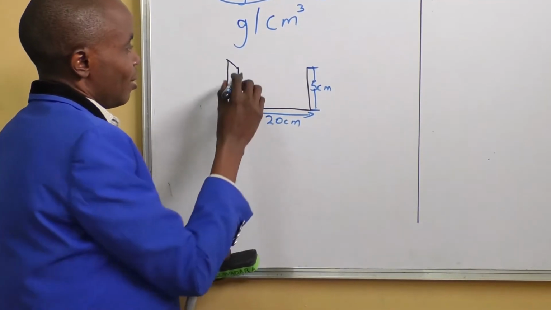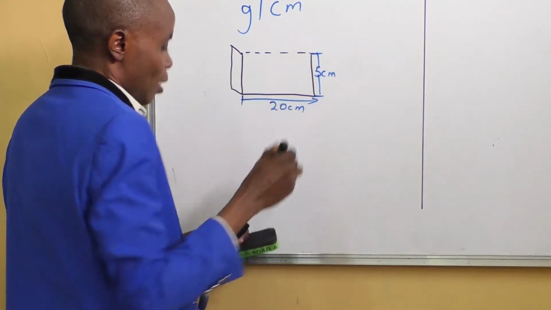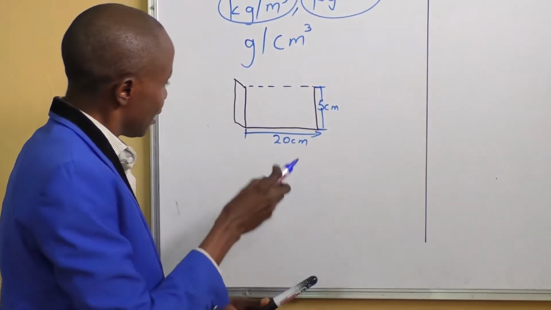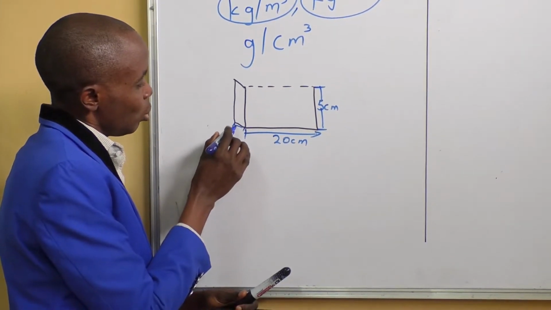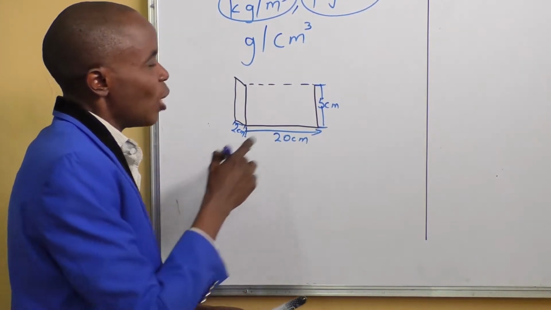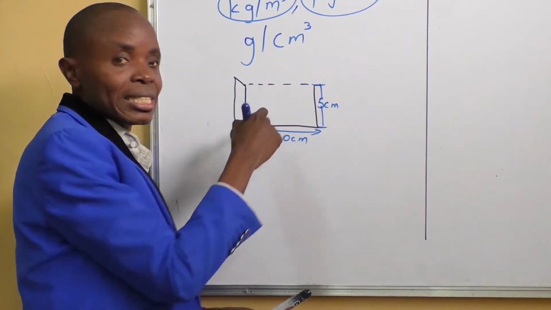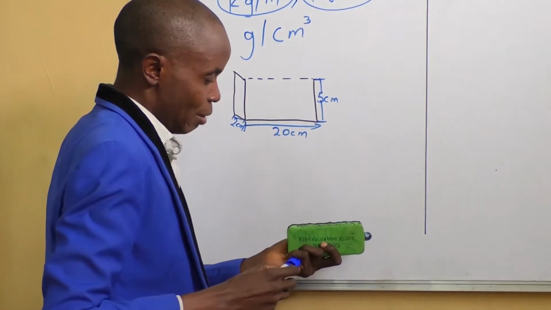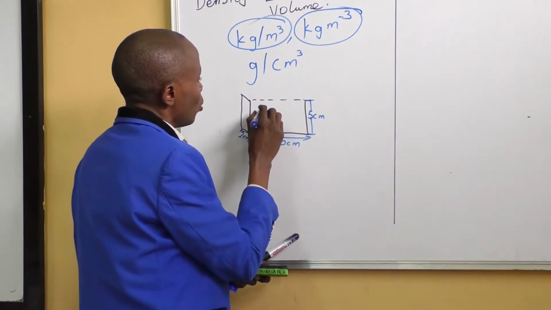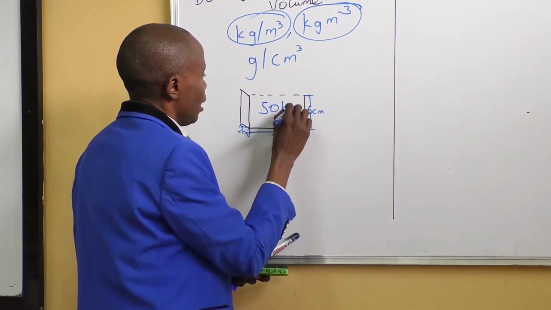Let's say the thickness here is small, just 2 cm. And you are asked to find the density of the sand. Let's say that the sand inside has a mass of 50 kilogram.